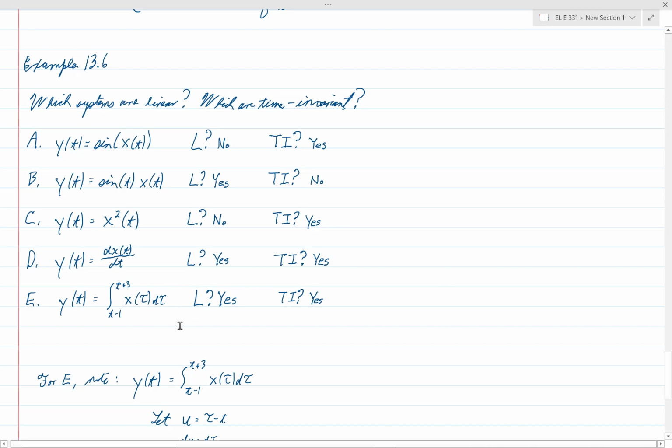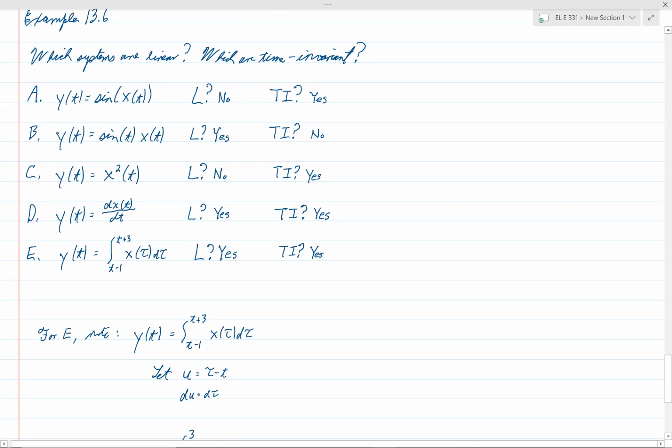Remember, what we did to check for time invariance was we would start with our original equation and check it for a few values of t, and then after shifting the t to t plus tau everywhere in the argument of y and in the argument of x, we would see if we get the same equations. Well, this one's a little tricky because the t over here doesn't appear to be in the argument of x. So I want to show you how you can handle something like that.